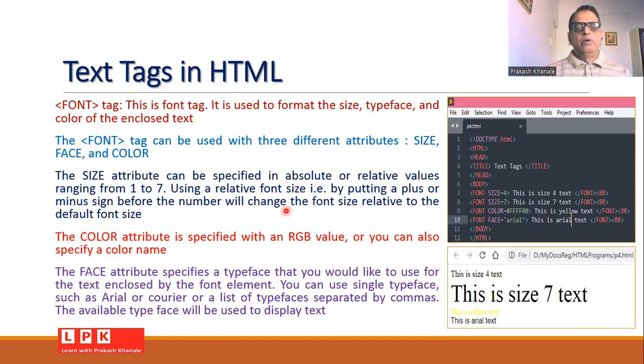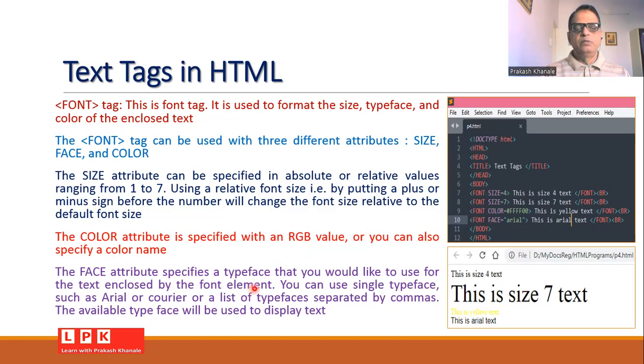The color attribute can be used to change the color of the text that will appear on the web page. It is an RGB value, red, green, blue. You can specify the particular value, or you can specify a color name also, so that the appropriate color will be given to the text.